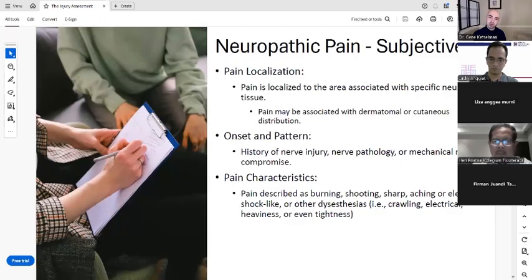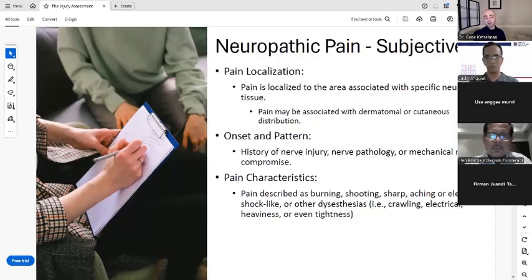In terms of location of pain, the pain is localized to the area associated with a specific neural tissue. So this is where you want to consider dermatomal or cutaneous distributions of nerves. For onset and pattern, they're going to have a history of nerve injury, nerve pathology, or mechanical nerve compromise. So something happened that is impacting the nerve.